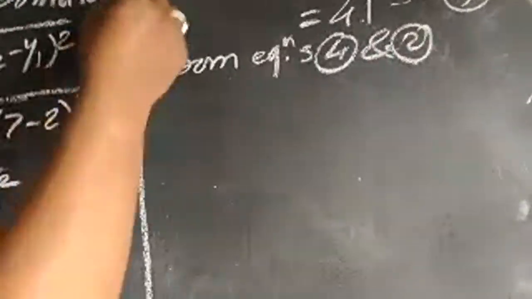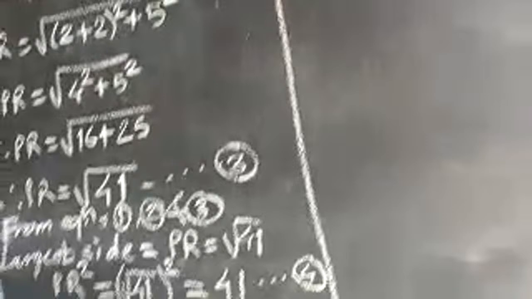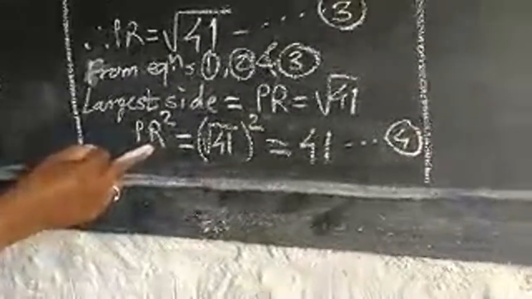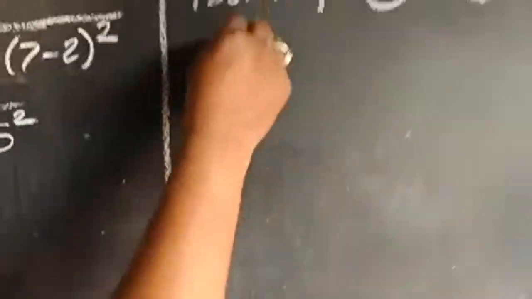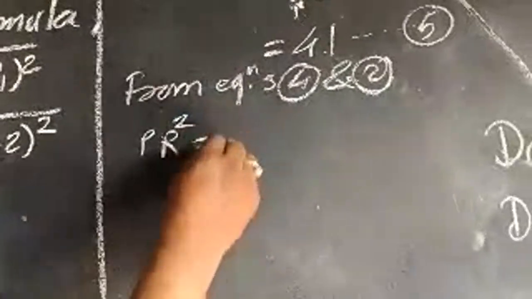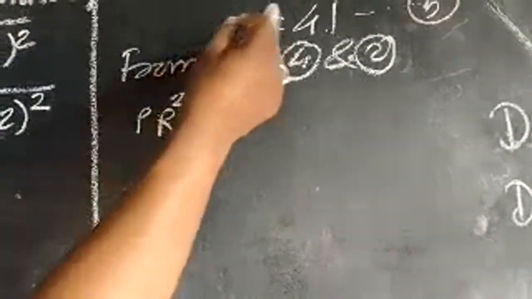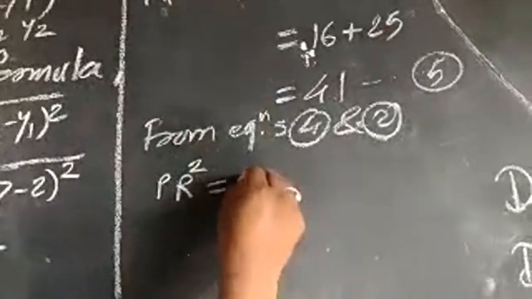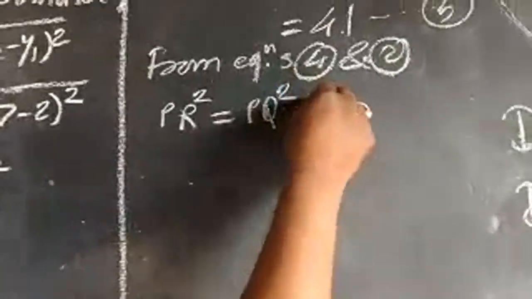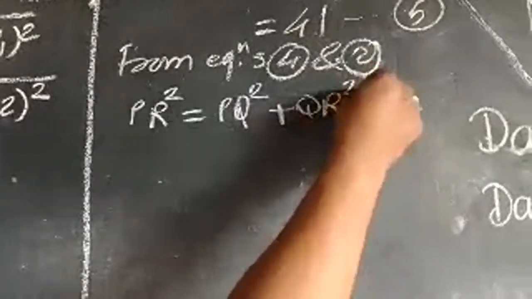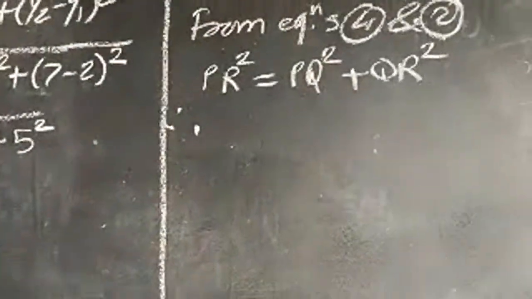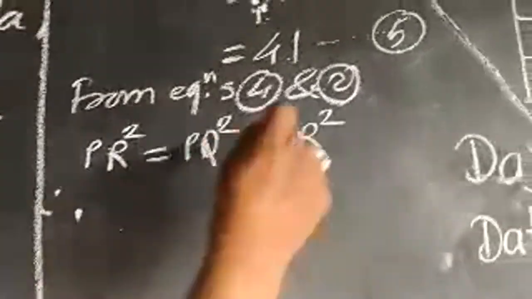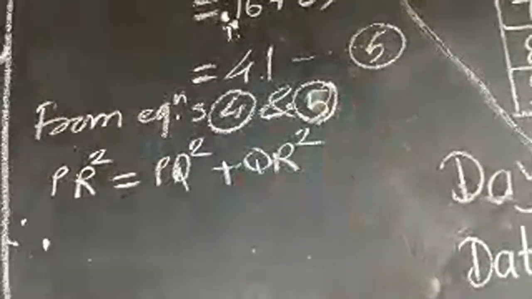The left side of equation 4 is PR square, and the left side of equation 5 is PQ square plus QR square. So this is equations 4 and 5.